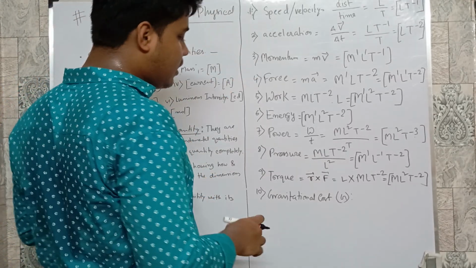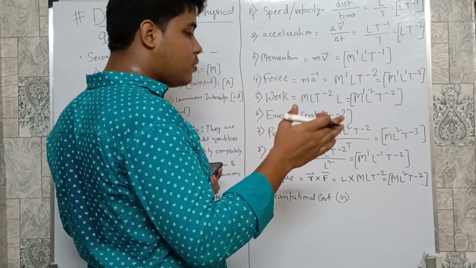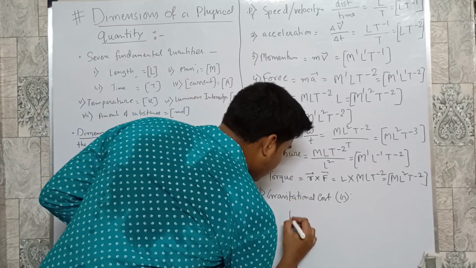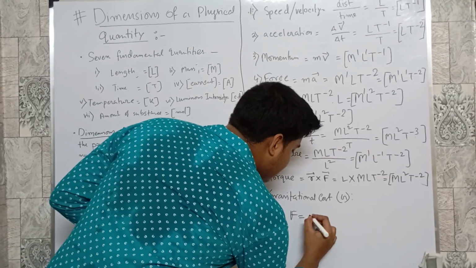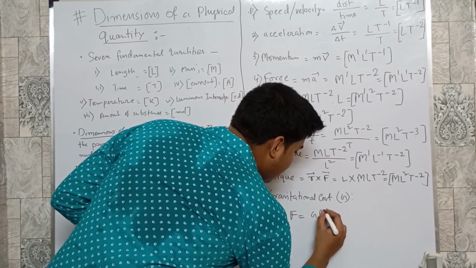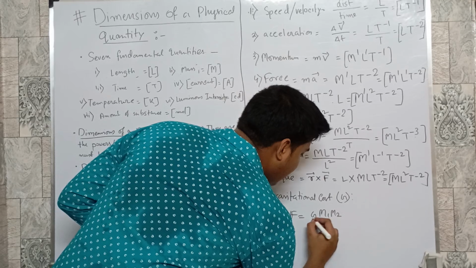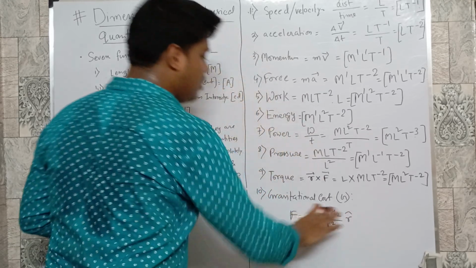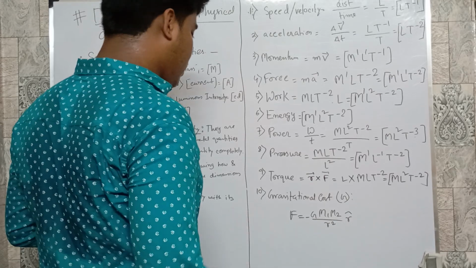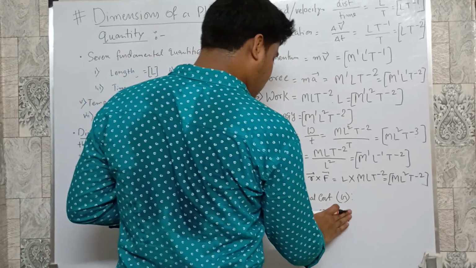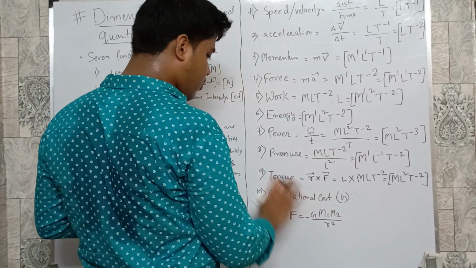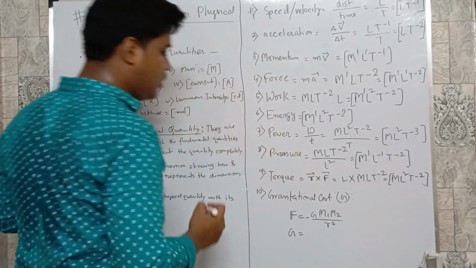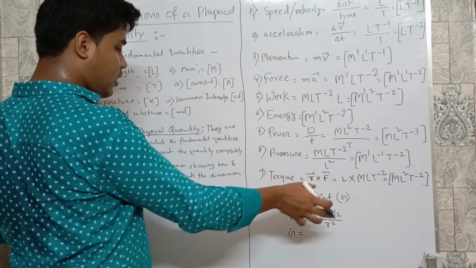So we know that the gravitational force acting between two objects is given by the formula G m1 m2 divided by r square, r cap, with a minus sign. Forget about the cap, and if I take the scalar form, this is the formula. From it we separate out G on the left side and all the other things on the right side.